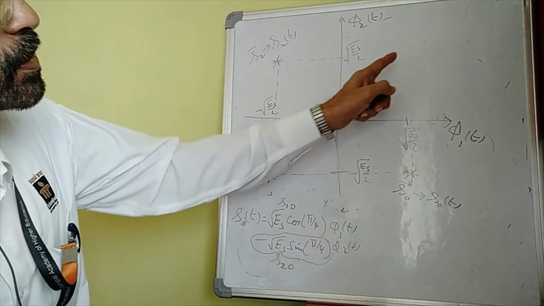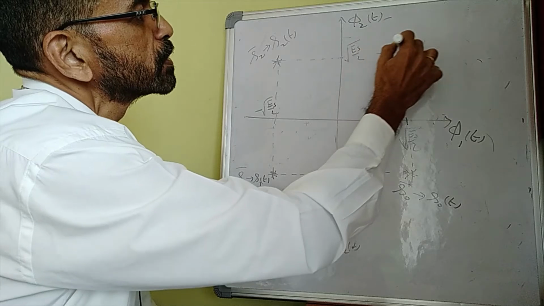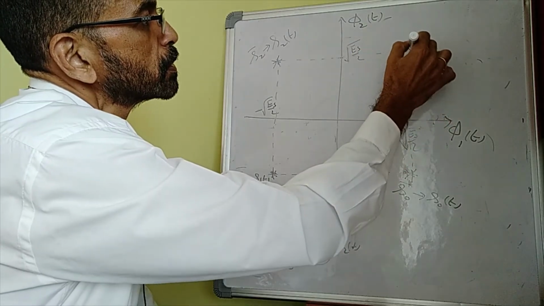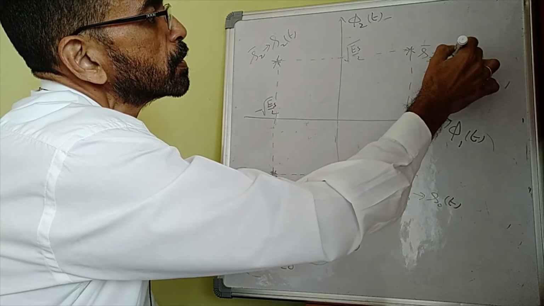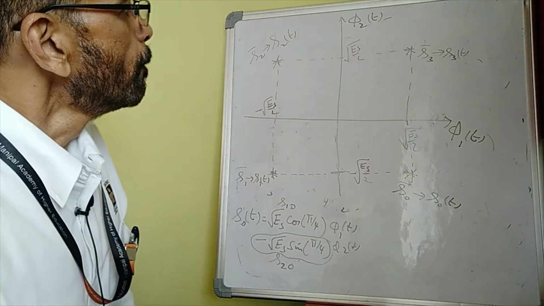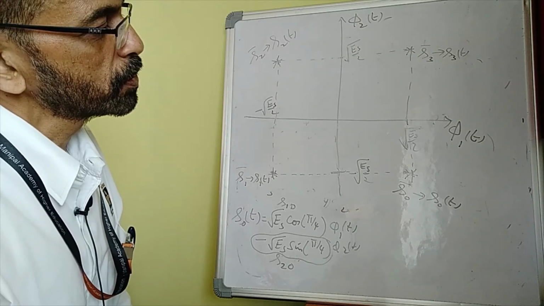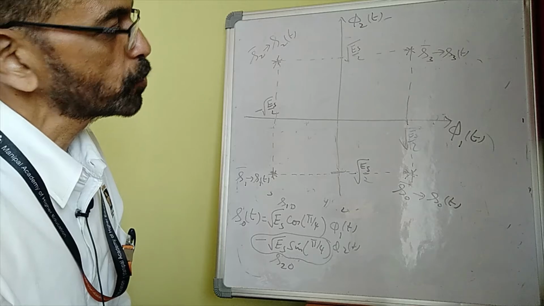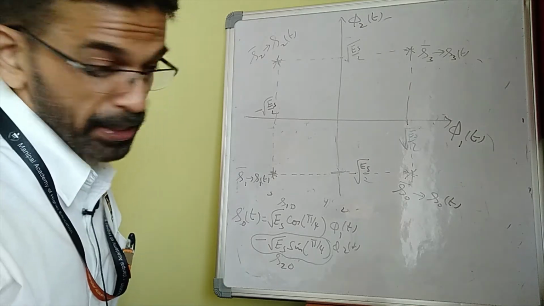And of course, finally, for 7π/4 you will get this, because cos 7π/4 will be 1 by root 2, and sine 7π/4 will be minus 1 by root 2.